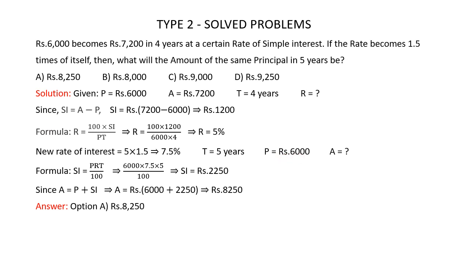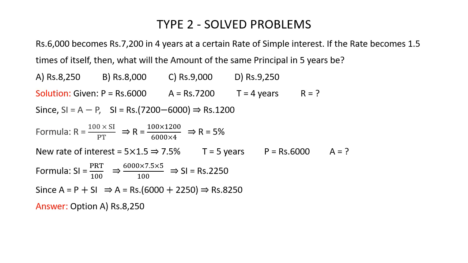Now to find the simple interest, use the formula SI is equal to PRT divided by 100. On substituting the given values in this formula, we get 6,000 multiplied by 7.5 multiplied by 5 divided by 100. On solving this, we get the simple interest as rupees 2,250.